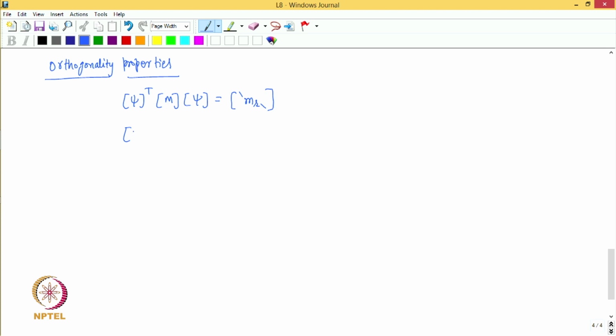And now we will have psi transpose K plus I H psi, so that is the complex stiffness matrix, and this gives us a diagonal matrix K r, and we are putting an over bar over this just to indicate that it is based on the complex stiffness matrix. So, that is the modal stiffness, and this also will be complex.